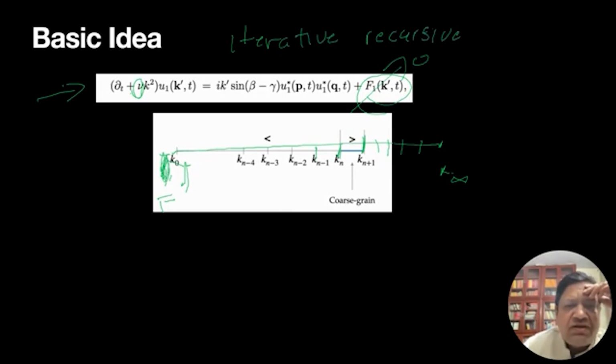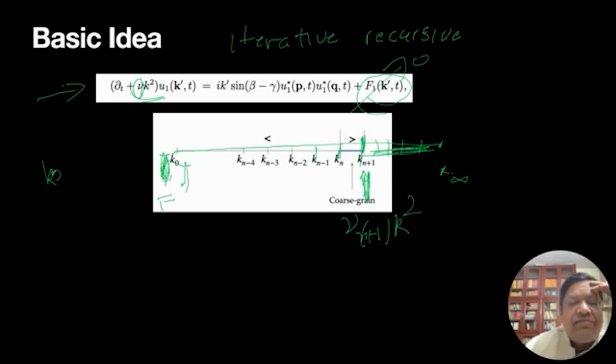So we'll assume that I am here. I have already done some work so that I can get the effective viscosity at this scale, and that is nu n plus 1. We will fix K, and that gives nu n plus 1 K squared.